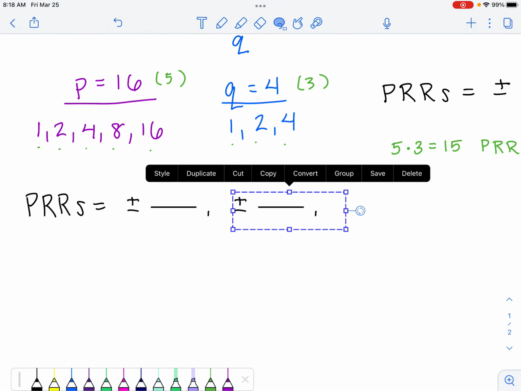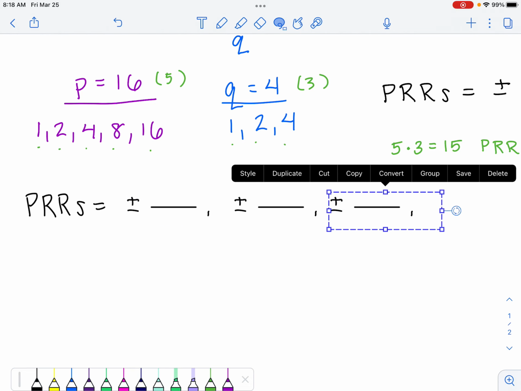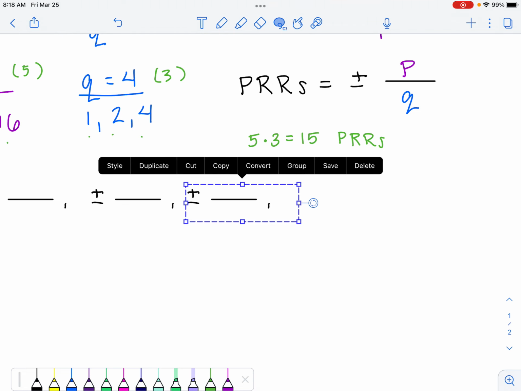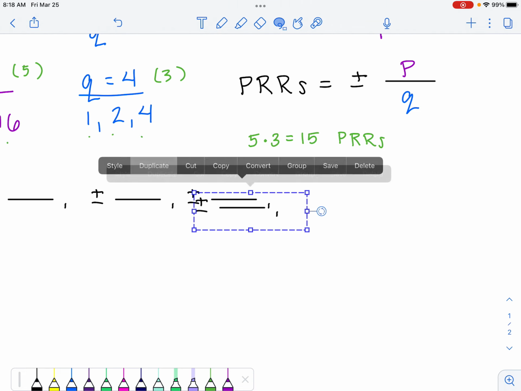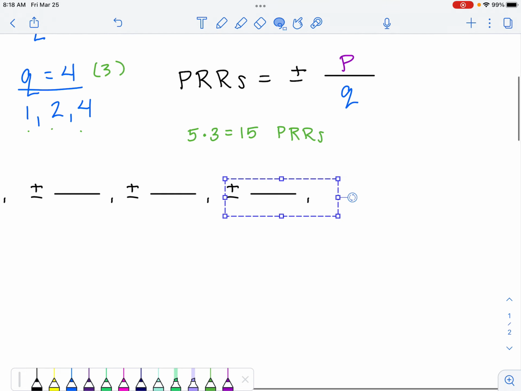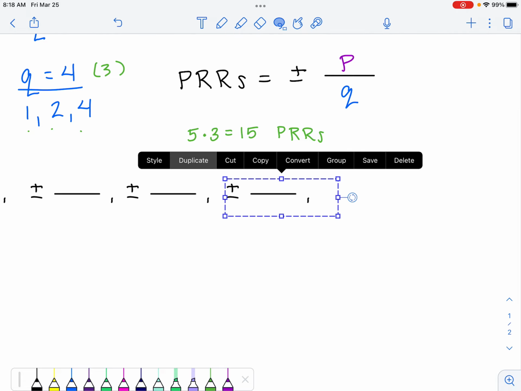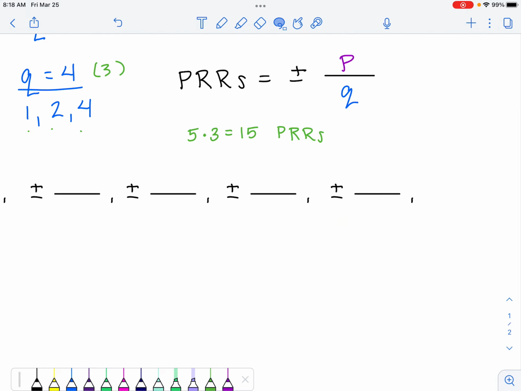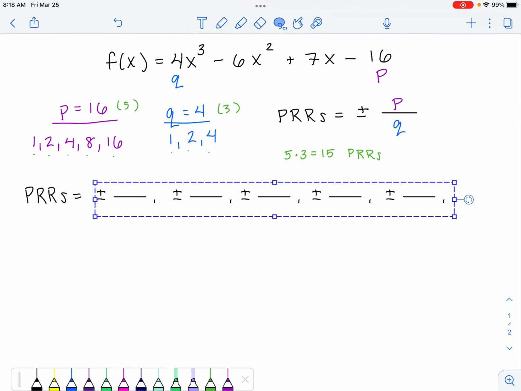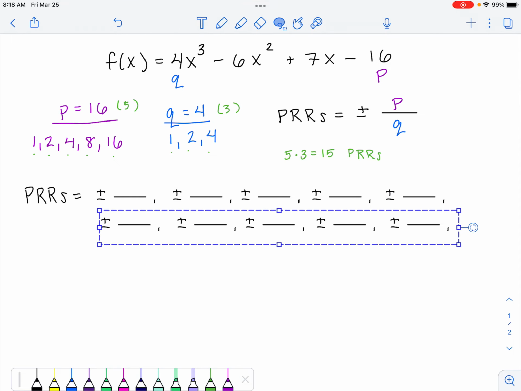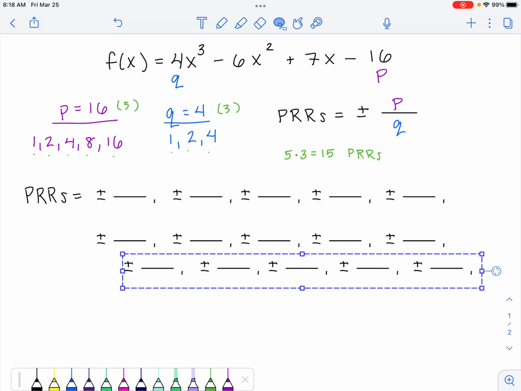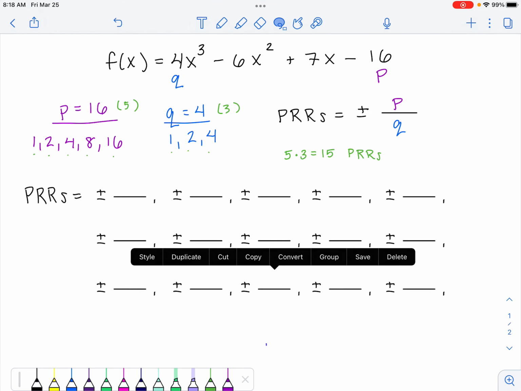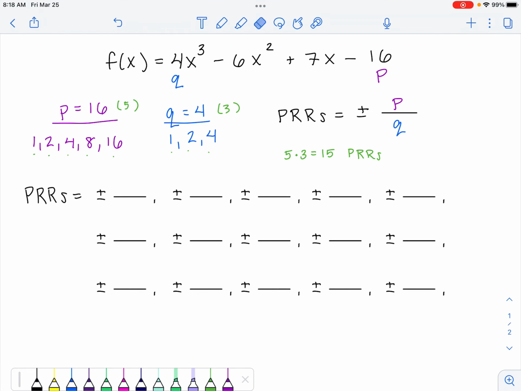So there's 1, 2, 3, 4, 5, and then 5, 10, and 15. So I have a spot to write each one of my PRRs.